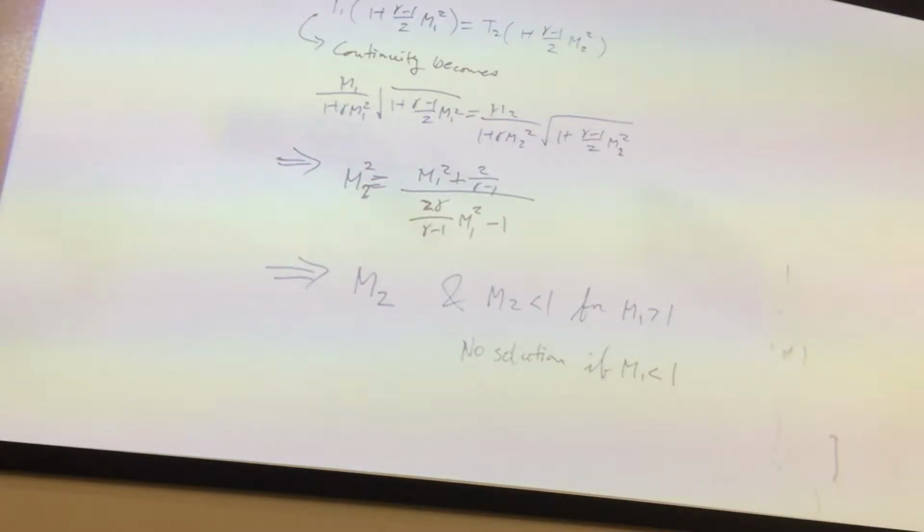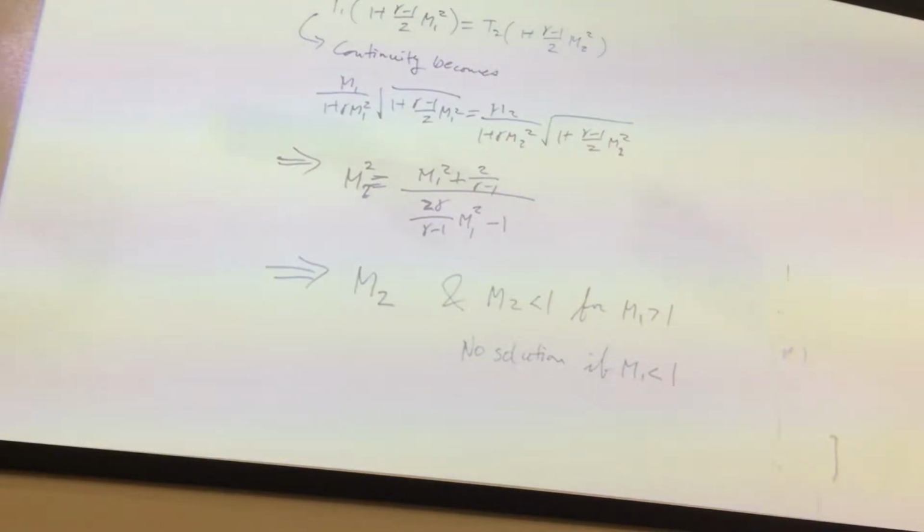But interestingly, if you give an M1 that is less than 1, you couldn't find M2, because M2 will become an imaginary number. Now, if M1 is equal to 1, as you can see here, your denominator will be 1.